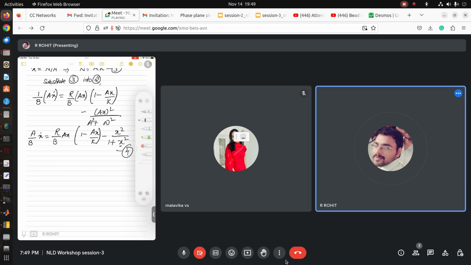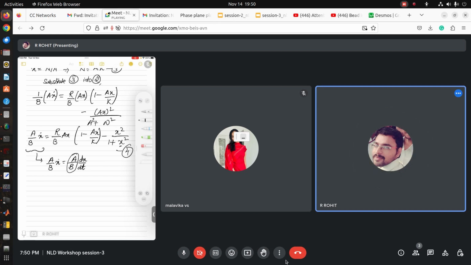So to non-dimensionalize the system, in the first term, if you observe, you have something called a by b x dot. This is nothing but a by b times dx by dt. Now you need to non-dimensionalize such that you will remove this a by b term and have something in the base as t.